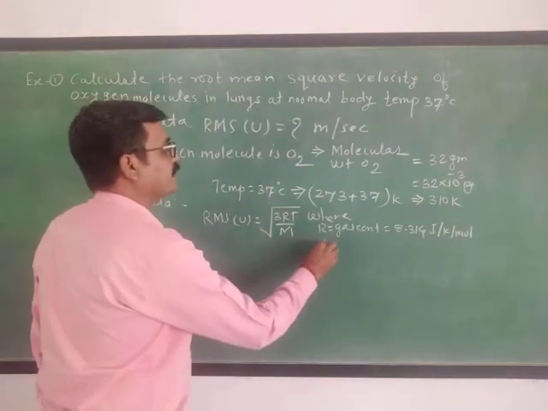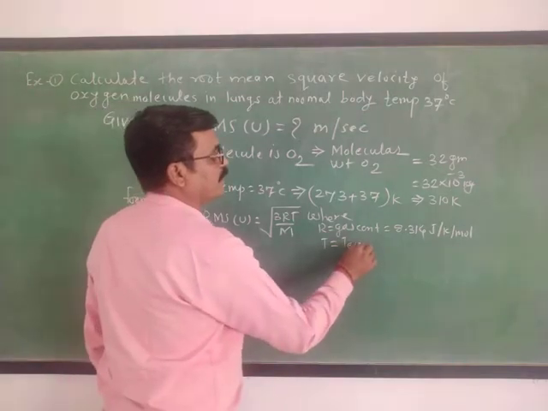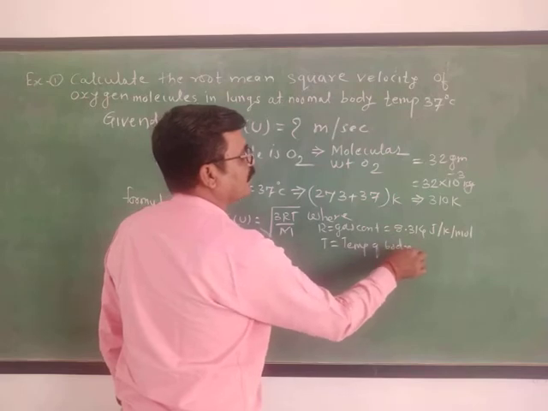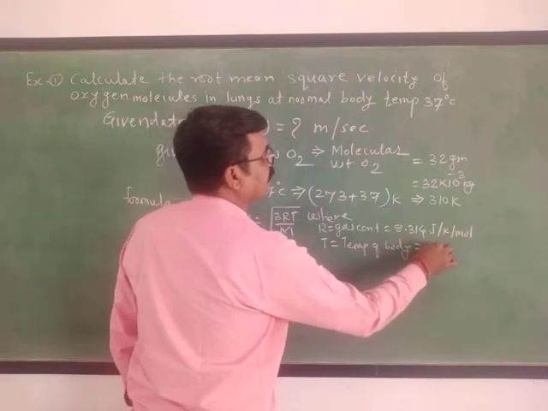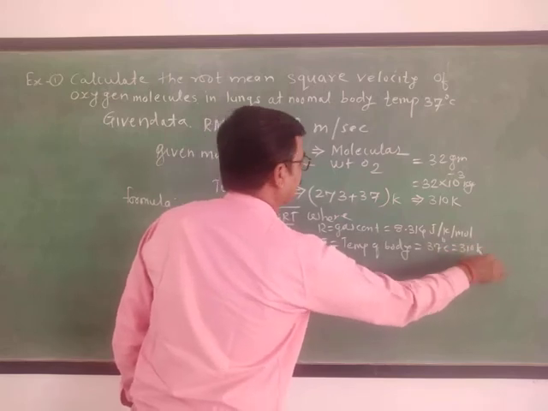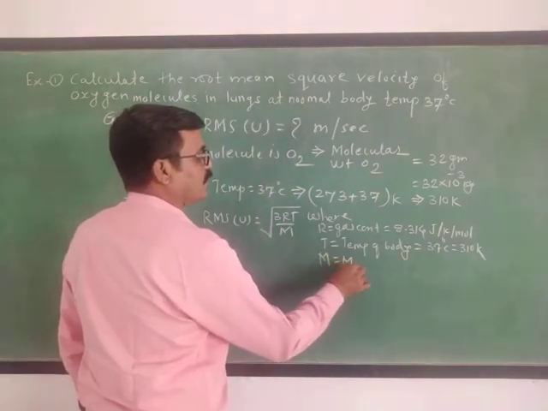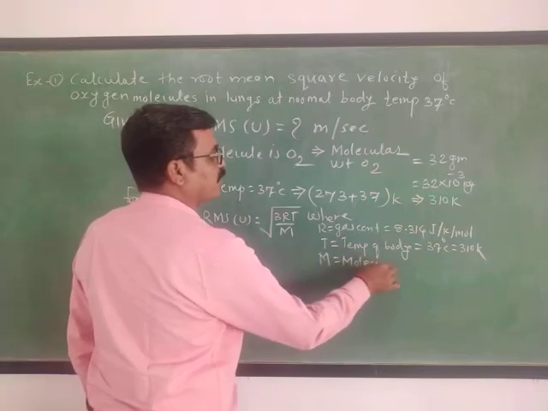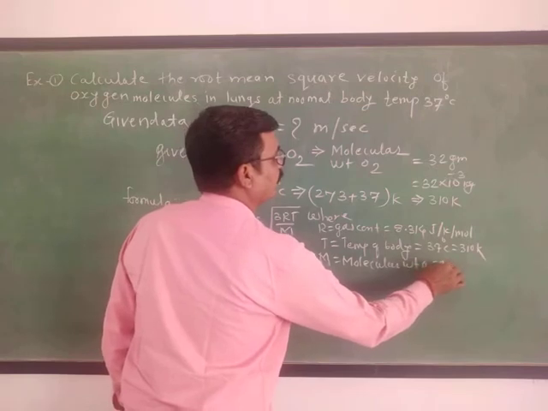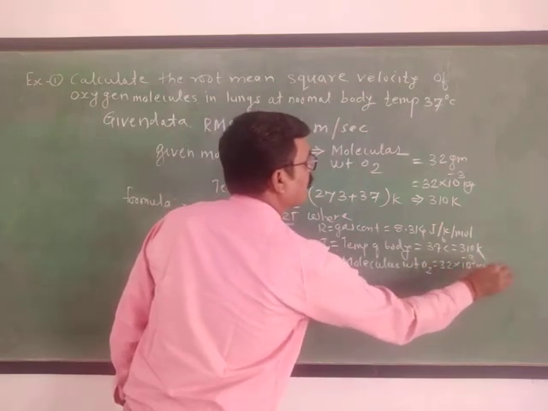T is the temperature of the body, which is 37 degrees Celsius, equal to 310 Kelvin. And M is the molecular weight of the gas, here oxygen, which is 32 into 10 raised to power minus 3 kg per mole.